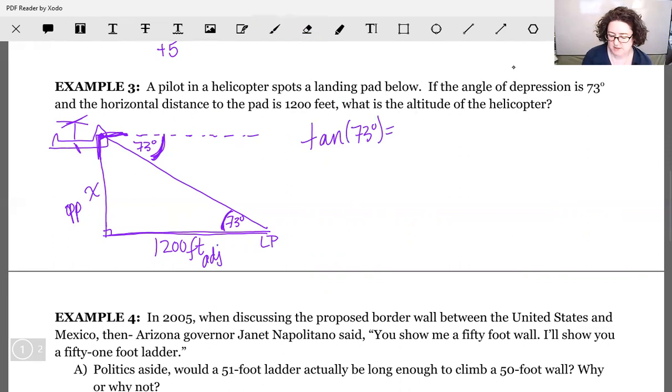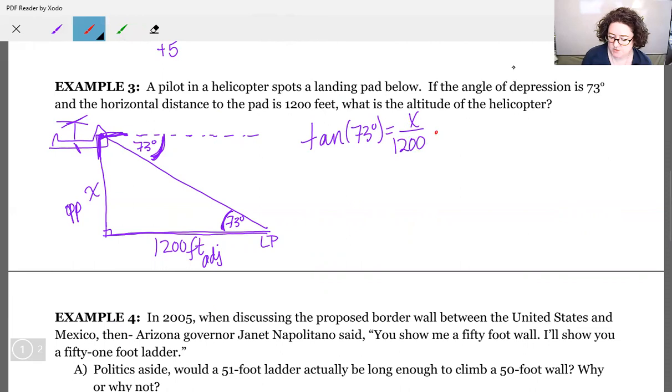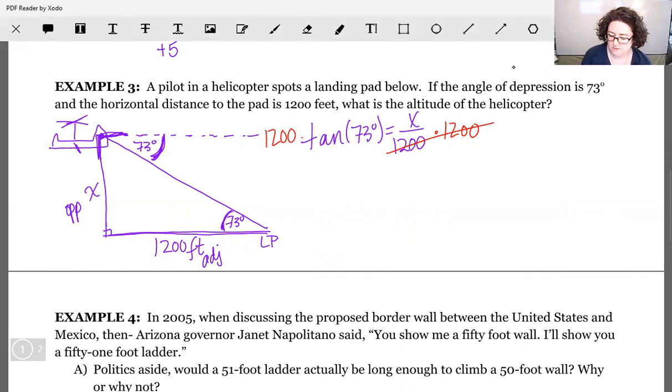And we have our opposite labeled as X and our adjacent labeled as 1,200. So same as before, I'm going to multiply both sides by 1,200 to clear my fraction. Alrighty, so I have 1,200 tan 73 degrees equals X.